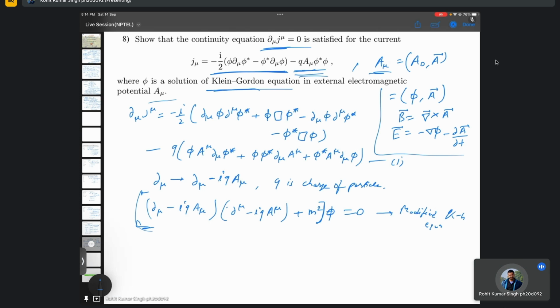Okay, and we can simplify this equation, so we can just multiply these together, and we can write it like this.